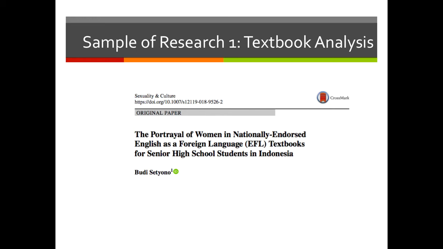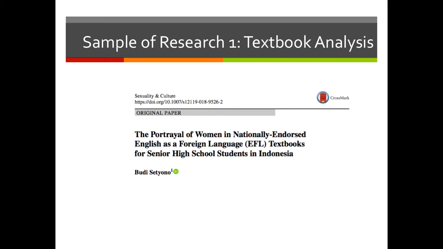This one is textbook analysis. This is, I might say, the most reliable content analysis because it reveals the meaning and does not use quantitative data, and it is published in a Q1 journal.